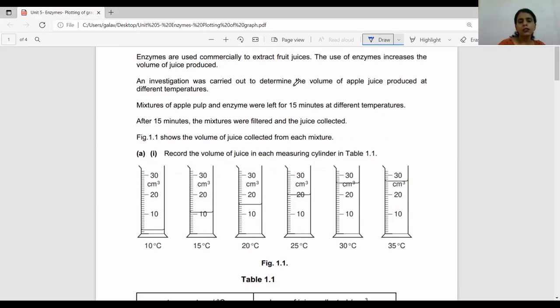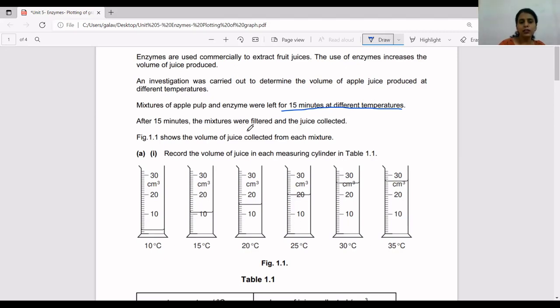That means how much volume of apple juice was produced at different temperatures. A mixture of apple pulp and enzymes was left for 15 minutes at different temperatures. So what they did, they took the mixture of apple pulp and enzyme at different temperatures, and it was left as such for 15 minutes.